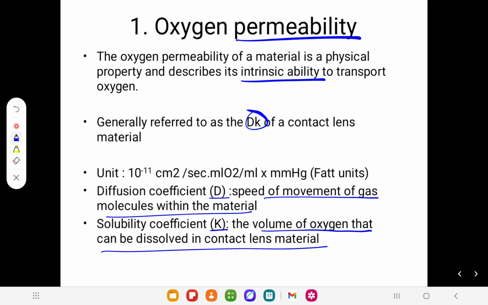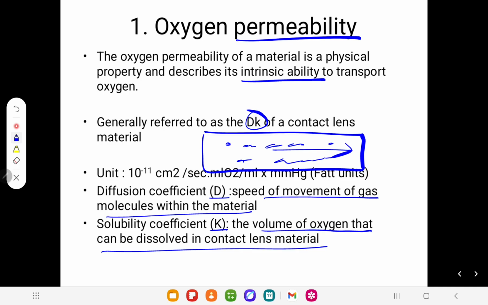At the same time, what is the diffusion coefficient? It means with what speed oxygen gas molecules move in the material. Basically, if this is the contact lens material, it should have the capacity to dissolve oxygen and to move the oxygen as fast as possible. Yes, that will be beneficial to us.